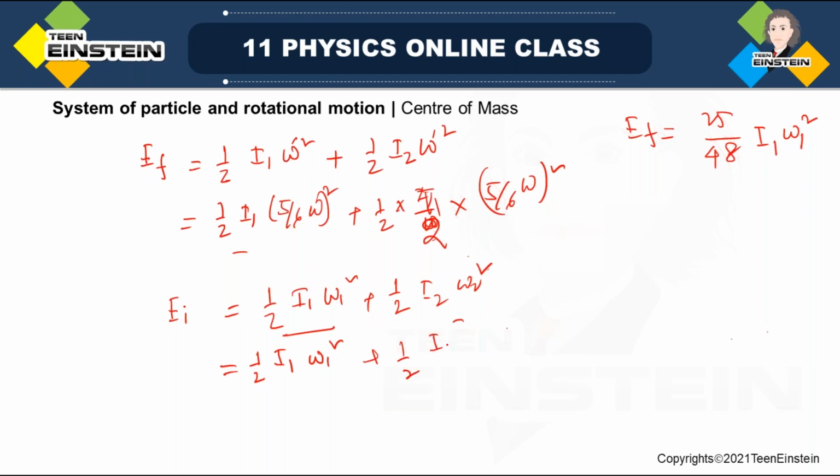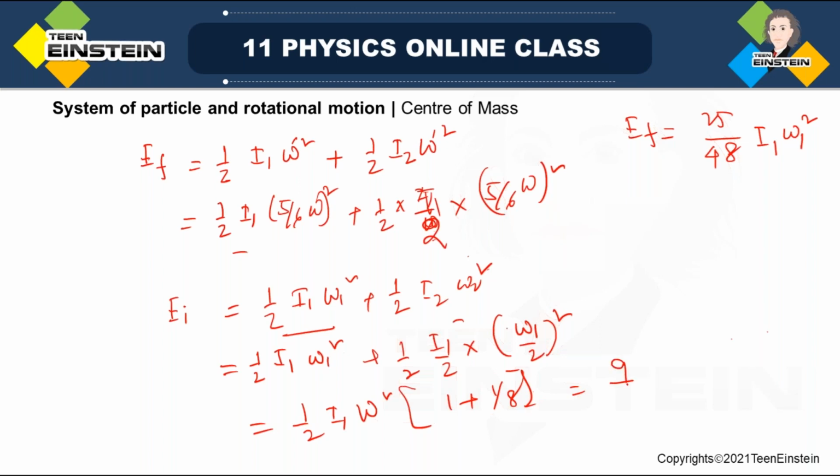I2 is I1 by 2 into omega 2. Omega 2 is actually omega 1 by 2, again squared. So this is half I, then it will be 9 by 16 I1 omega 1.